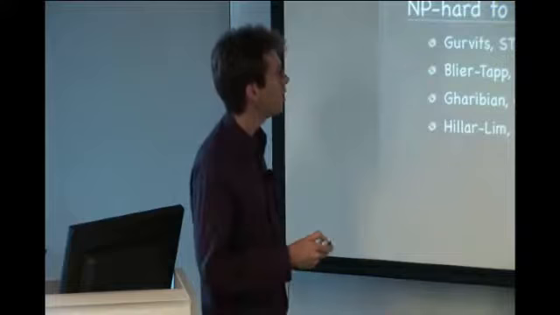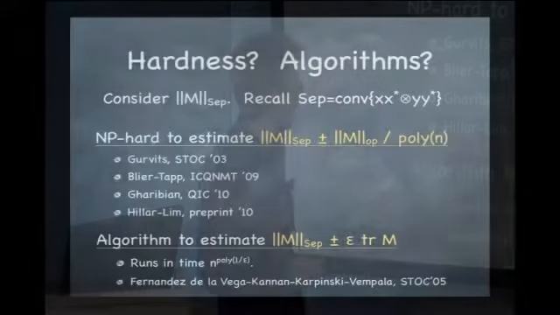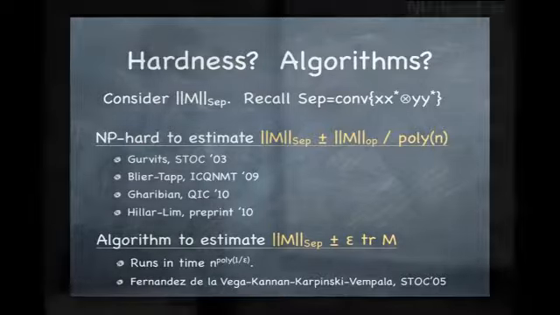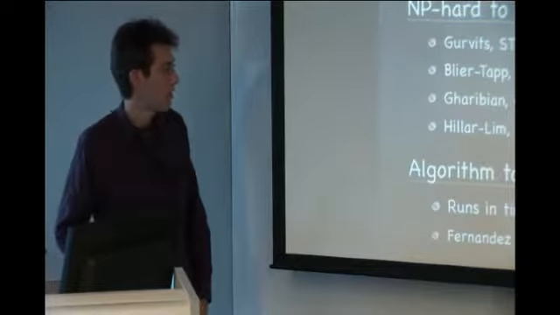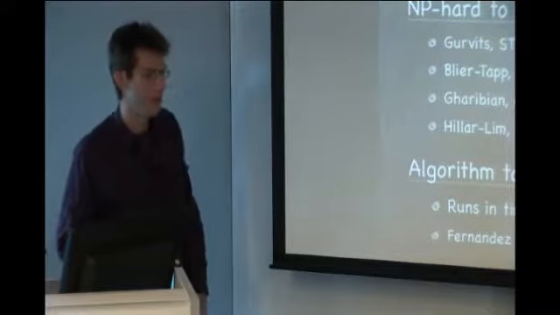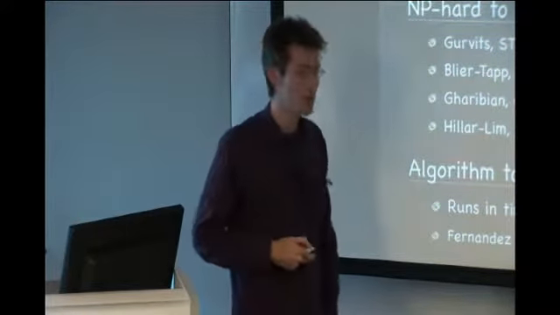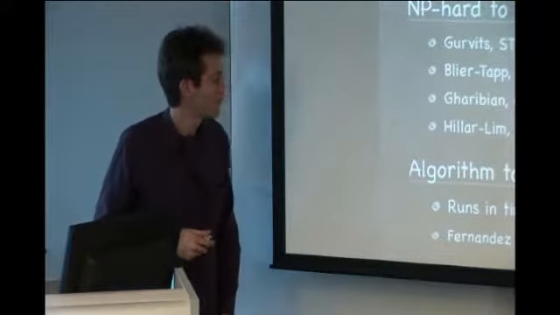So we know that it's hard to do it very well. On the other hand, the only algorithm was by this paper from several years ago, which runs in time n to the poly 1 over epsilon, which you can consider to be polynomial for fixed epsilon.